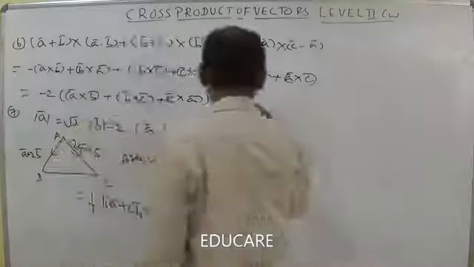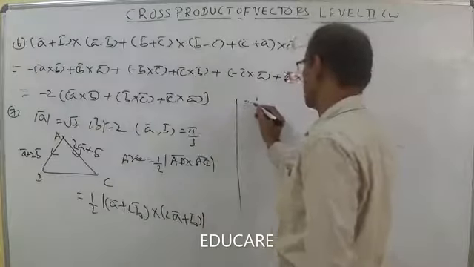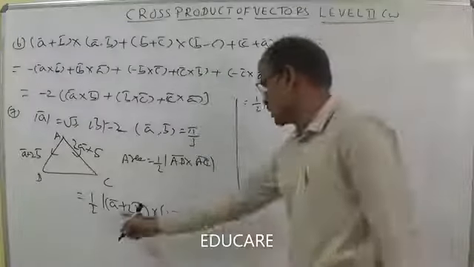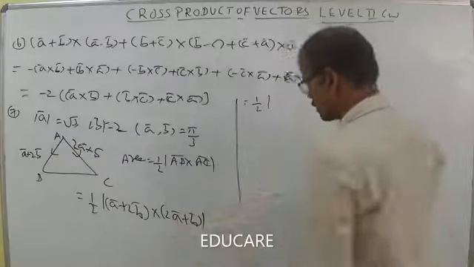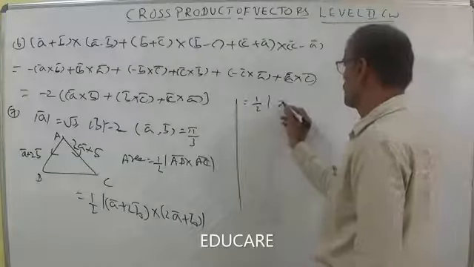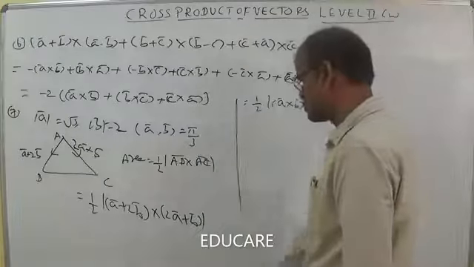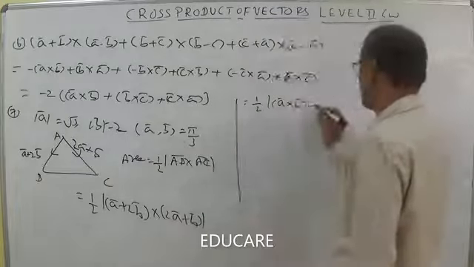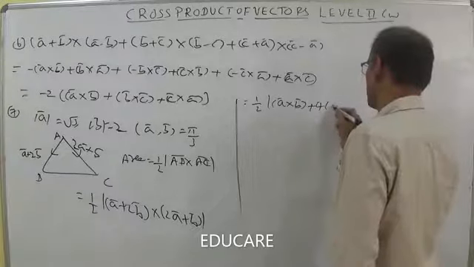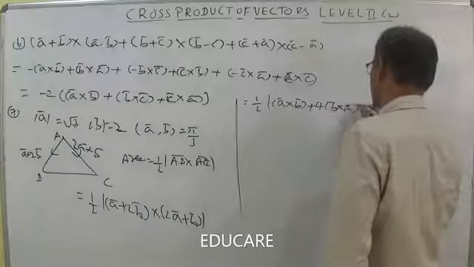So we can write that this is equal to 1 by 2 into the cross product. 2 into a cross a, no need to write. Then you can write a bar cross b bar plus 2 twos are 4, b bar cross a bar.